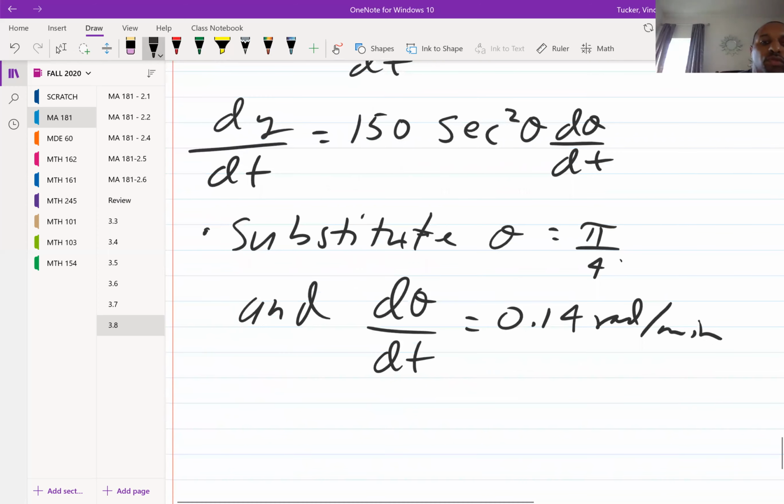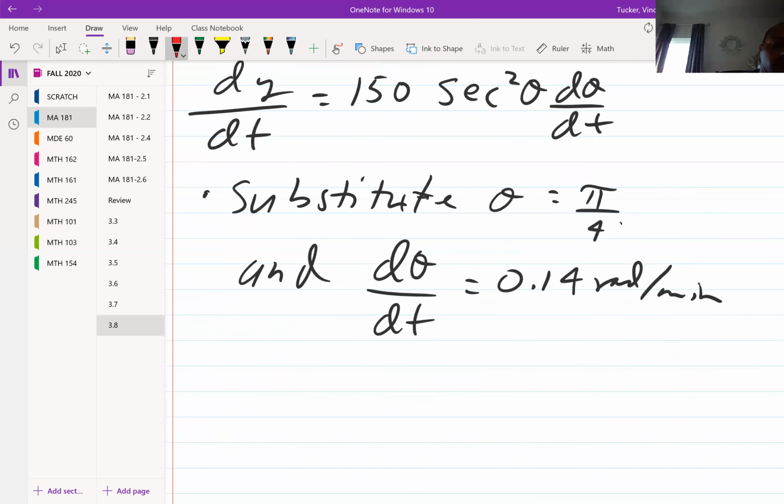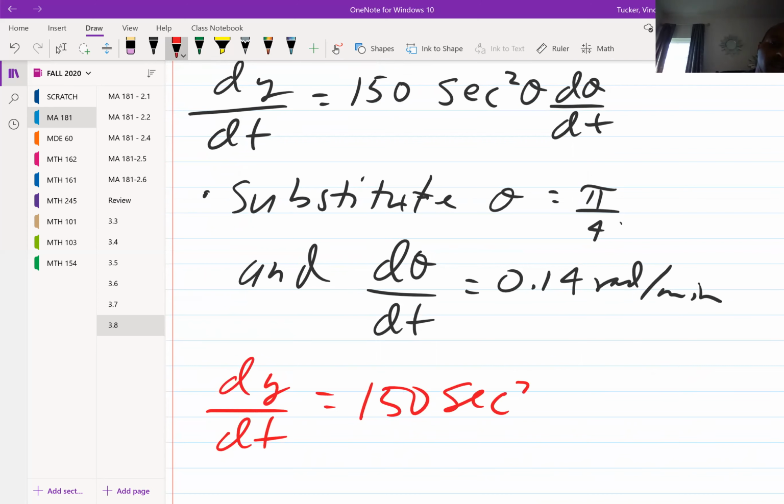All right, so now let's do that. So that's 150 secant squared of pi over 4, and then that'll be times 0.14.